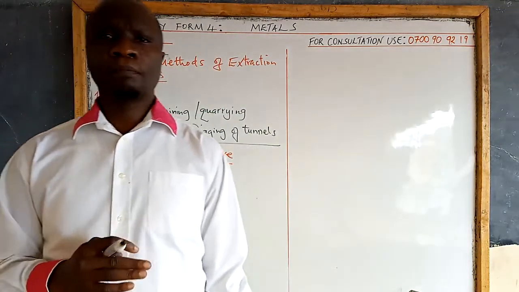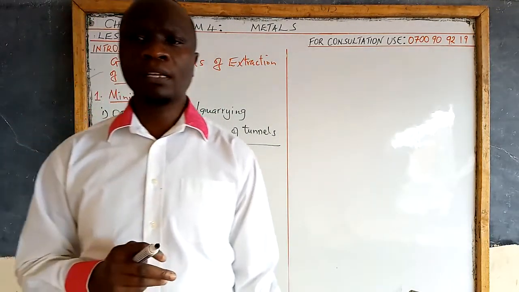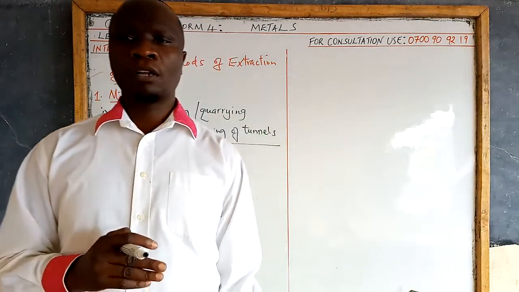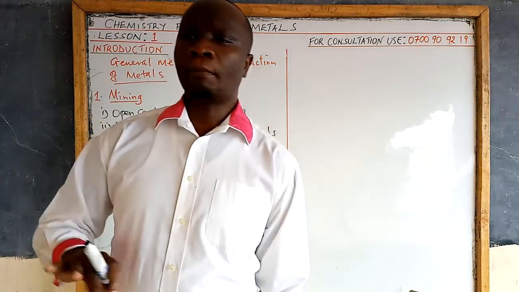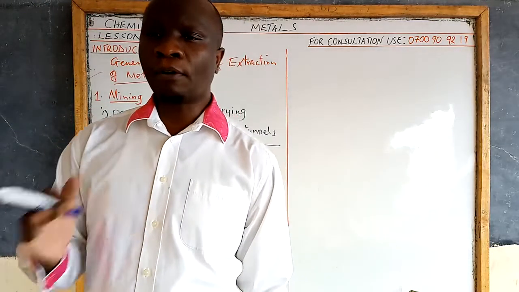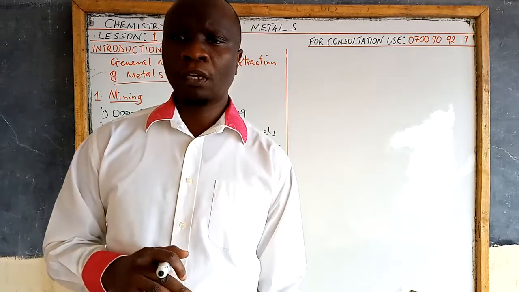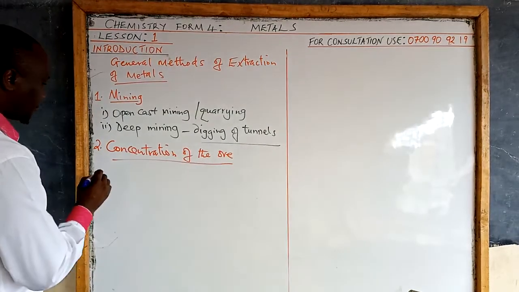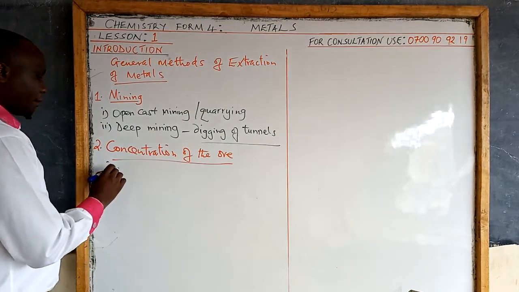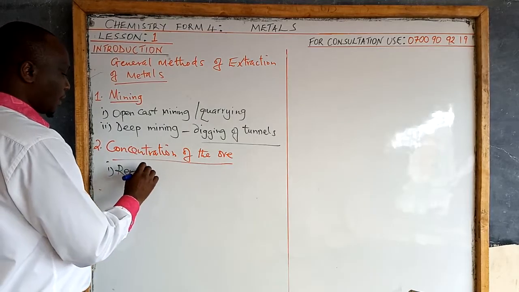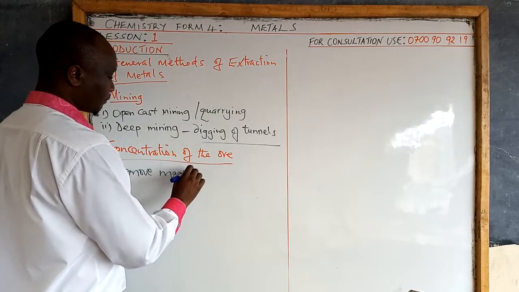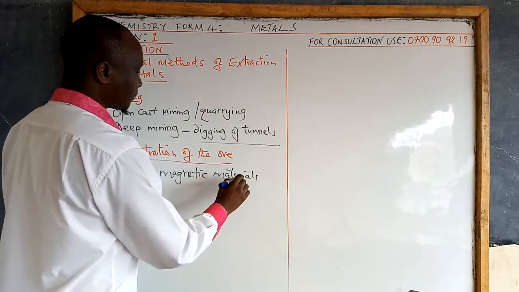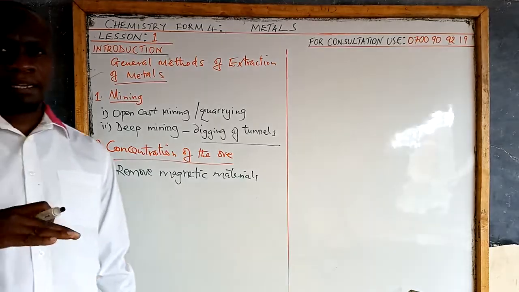The main aim for concentrating the ore is usually to increase the percentage of the mineral or the metal of interest by removing some of the unwanted materials. So for example, step 1, you can remove magnetic materials using a magnet, thereby increasing the percentage.